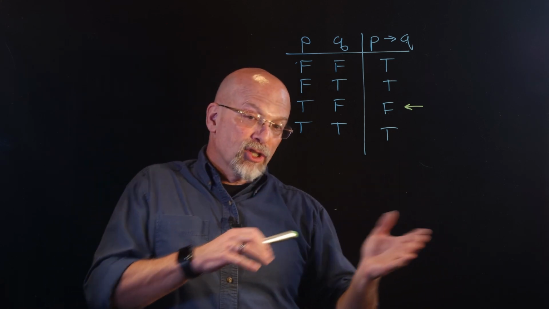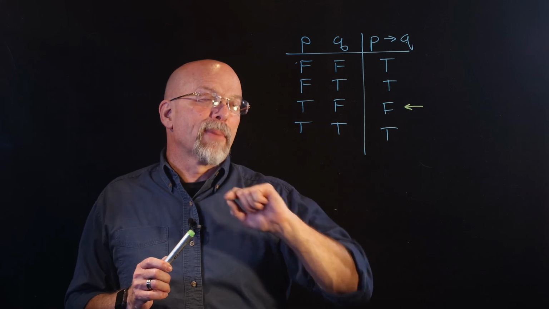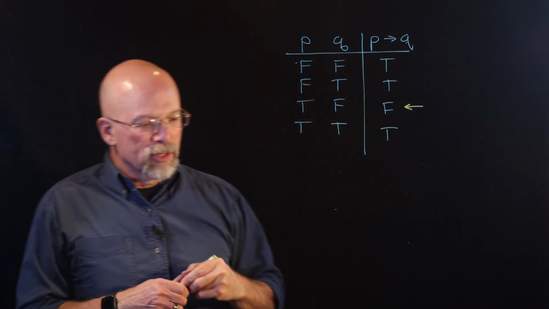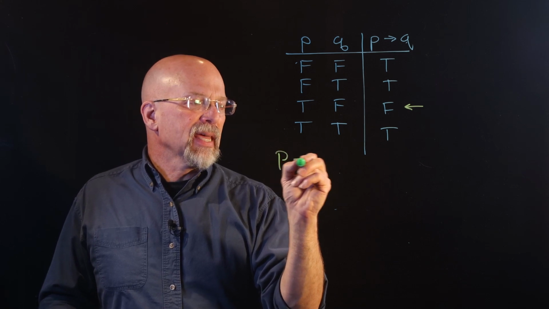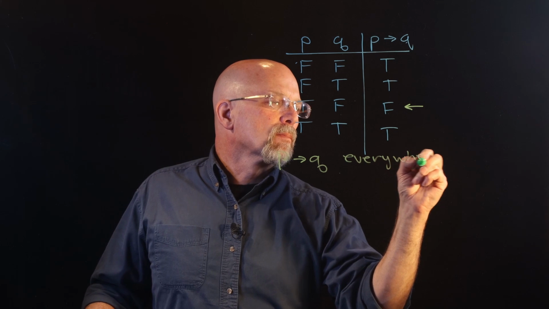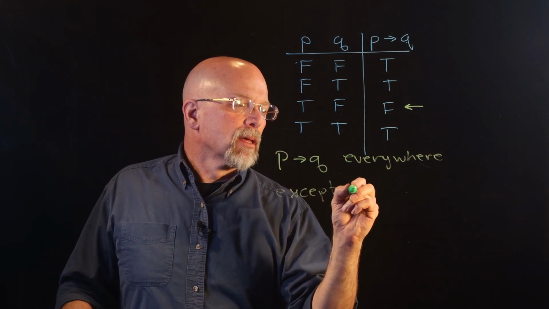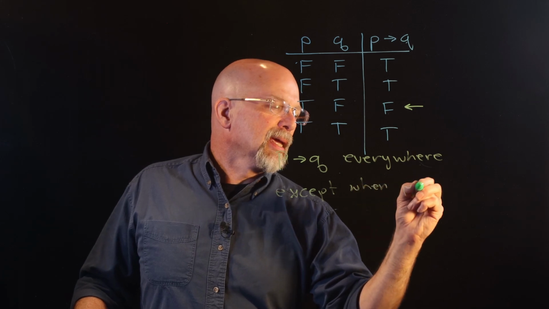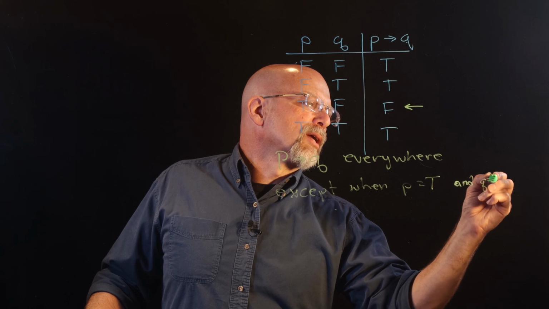So P implies Q. That truth table is true for every single row except where P is true and Q is false. Another way of saying this is that P implies Q everywhere except when P equals T and Q equals F.